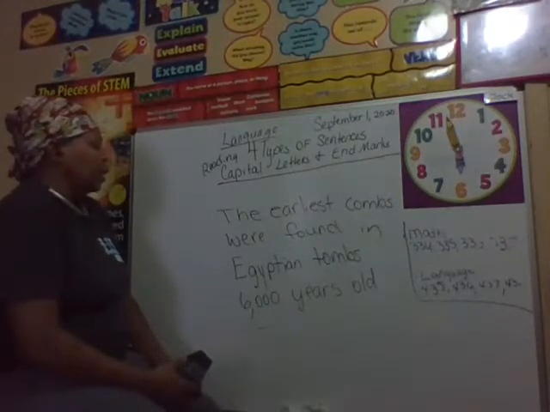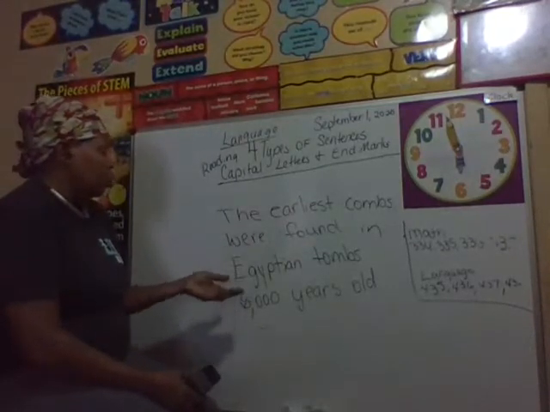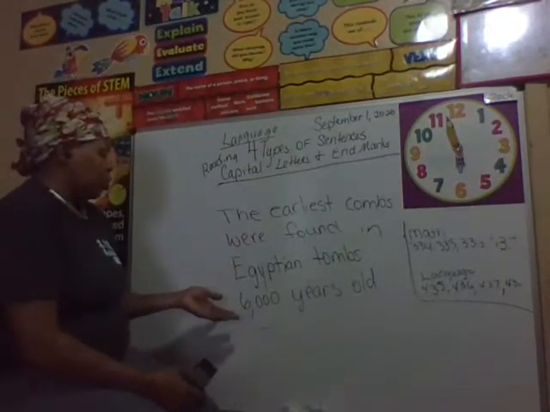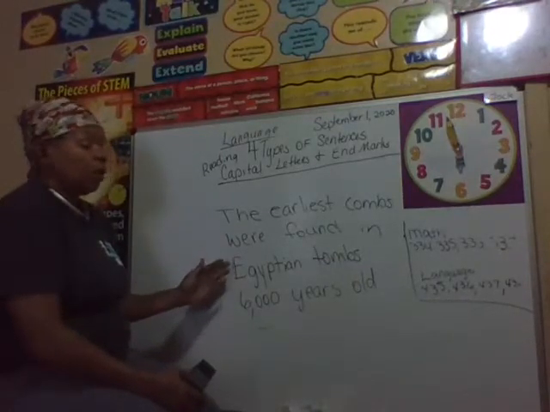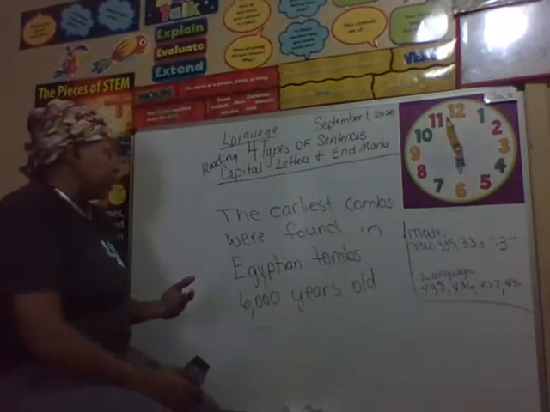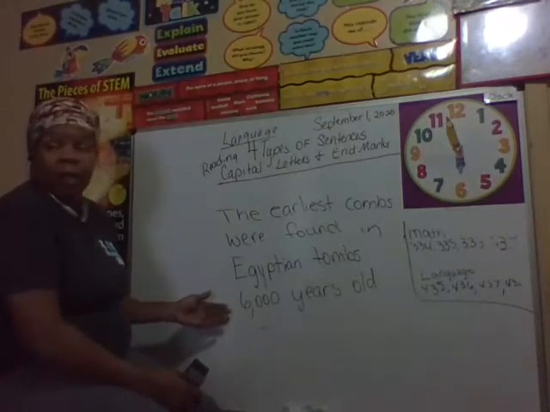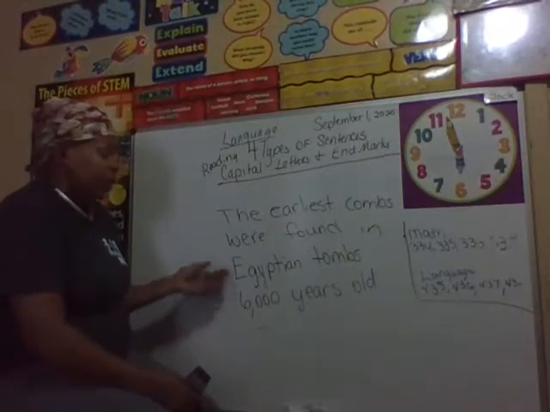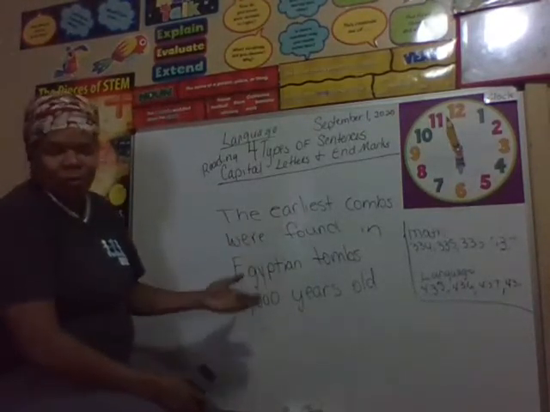They're telling us the information that the earliest combs were found in Egyptian tombs. Also, the other information they're telling us is how long, when. When did they find it? 6,000 years old.